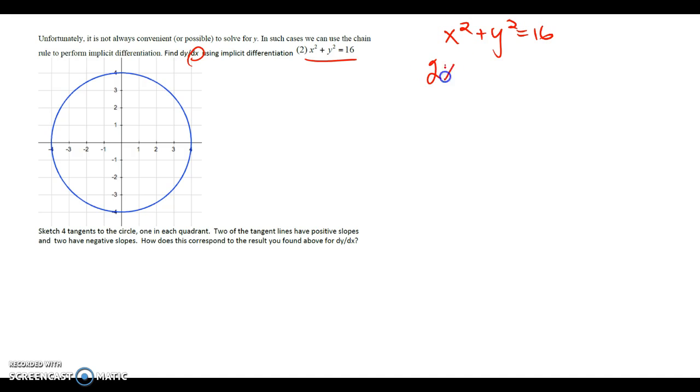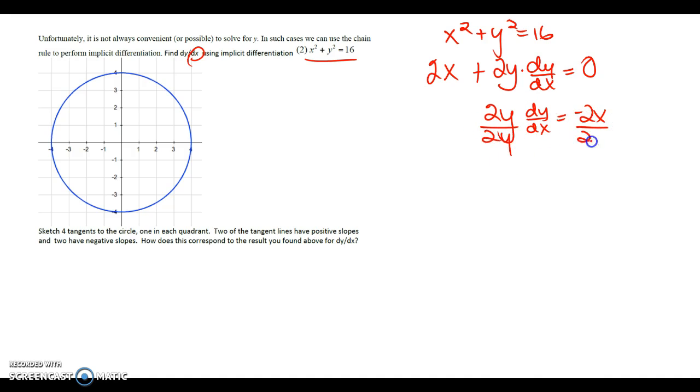So this will be 2x times dx/dx, which is 1, plus 2y dy/dx equals 0, right? So let's subtract 2x from each side. Then I'm going to divide by 2y. So really, dy/dx equals negative 2x over 2y.